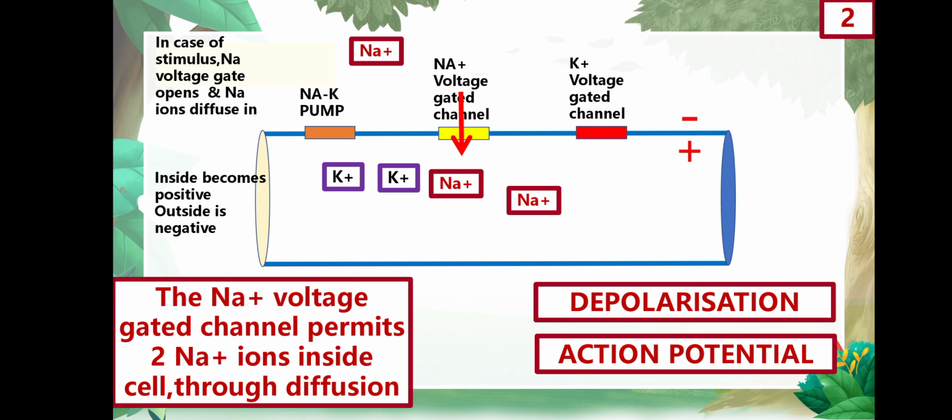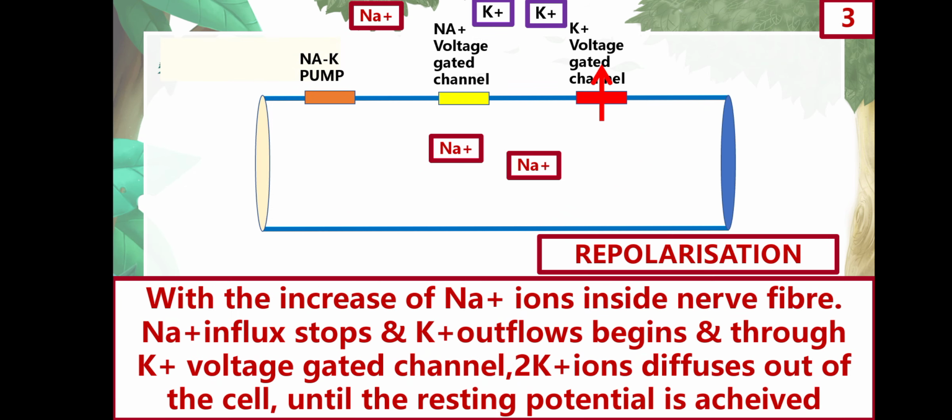Then, with the increase of sodium ions inside the nerve fiber, sodium influx stops, and K+ ion outflow begins through the voltage gated potassium channel, until the resting potential is achieved.